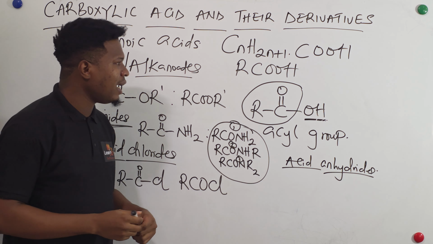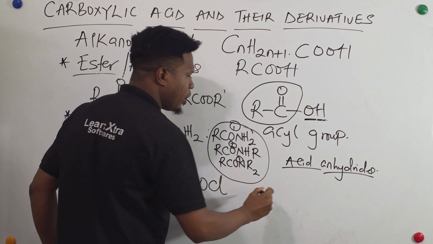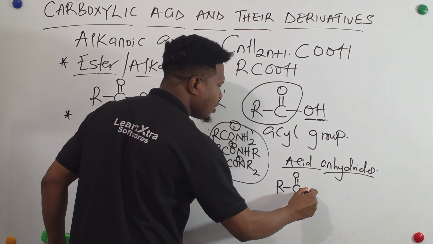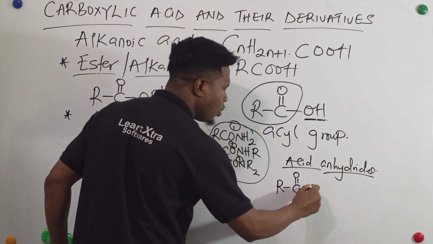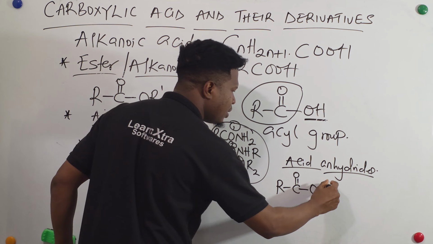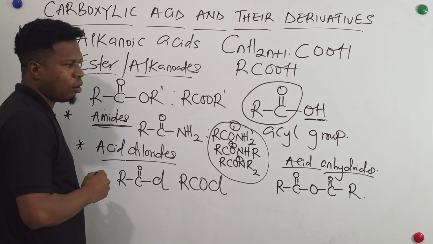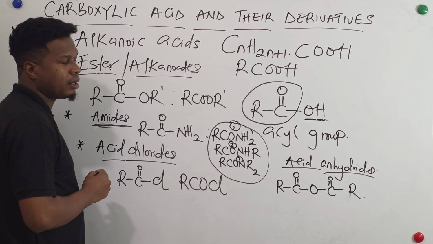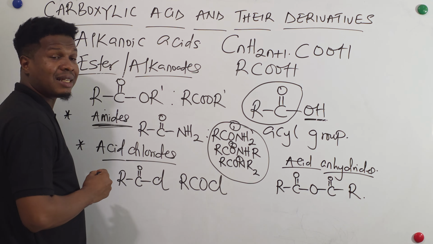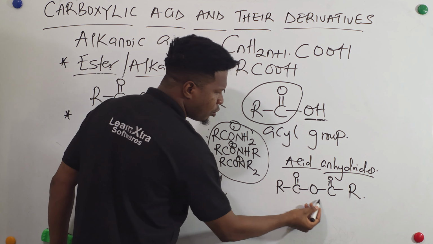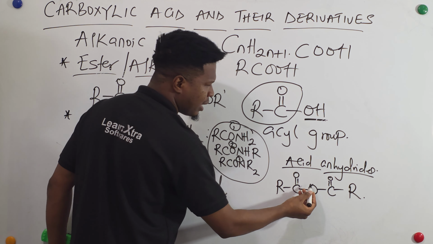This anhydride is the same thing with this guy, but you're going to have RC double bond O single bond O single bond C double bond O R. So this is what we call an acid anhydride. Notice that we added this group. That's the only thing we added.